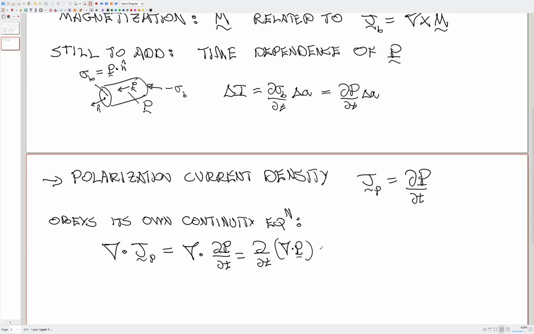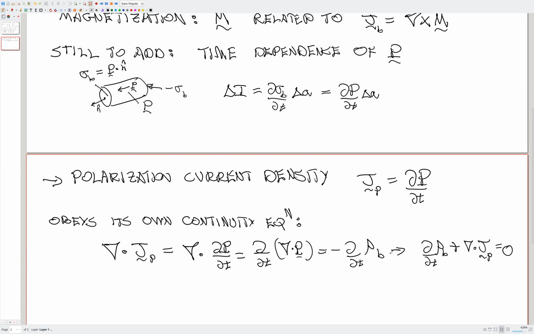Okay, and this is really just minus d/dt of rho bound. Okay, so the continuity equation in this case here is d/dt of rho bound plus the divergence of the polarization current density is equal to 0.